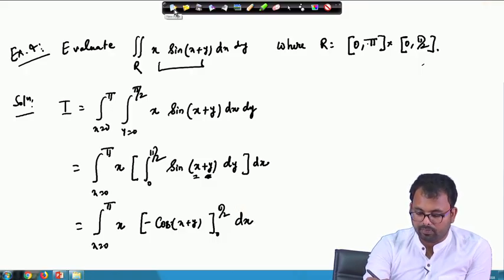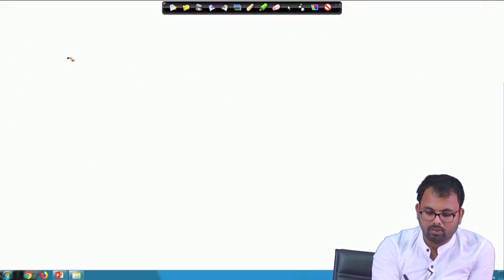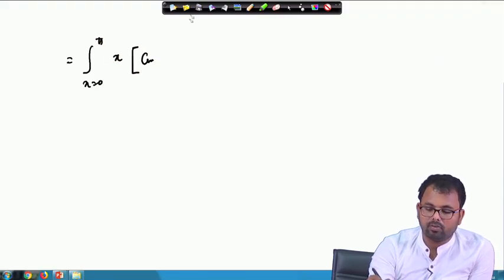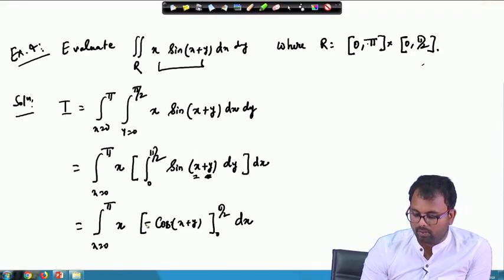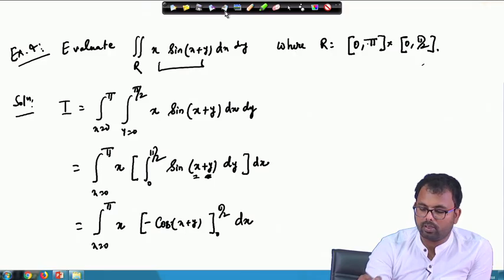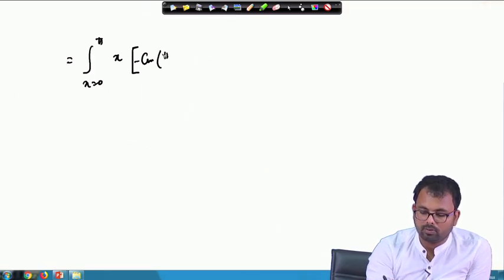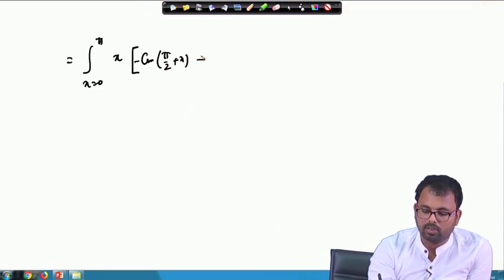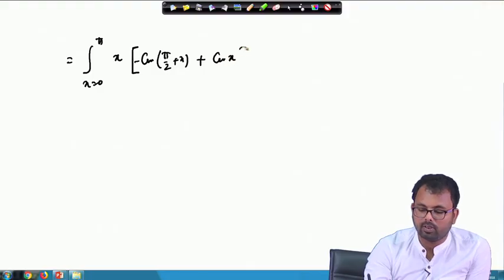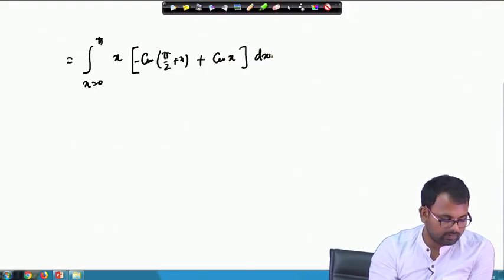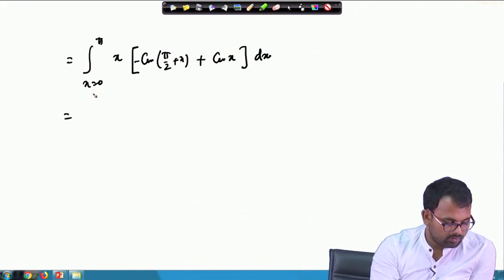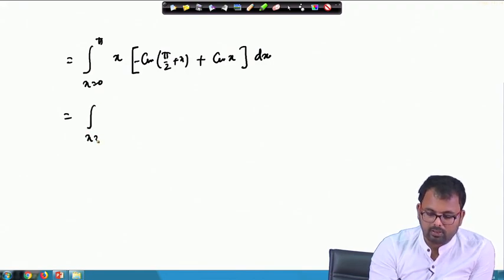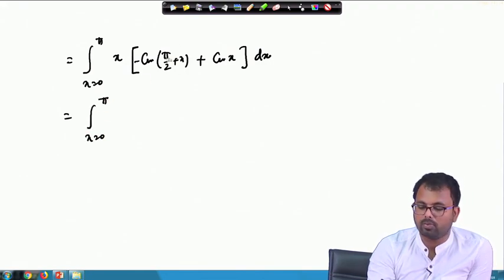So, now this will be the integral from x running from 0 to pi of x times minus cos of (pi by 2 plus x) minus minus, plus cos x, dx.